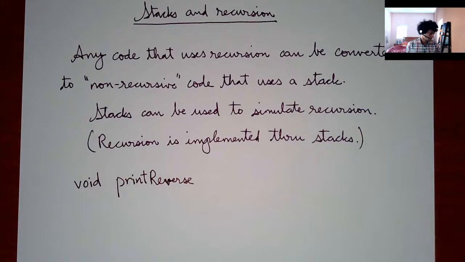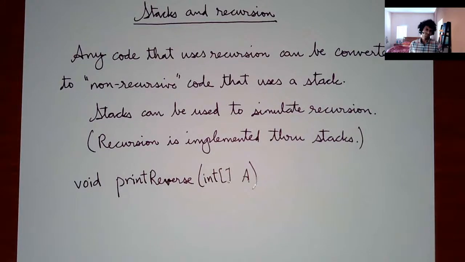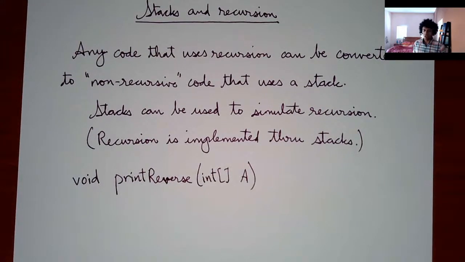Let's just say it takes as input an array and just prints the array in reverse. Now you can obviously implement this with a for loop, just printing the ints in reverse. I'm going to give you a recursive piece of code that does the same thing, and then we'll see how to implement that through stacks.